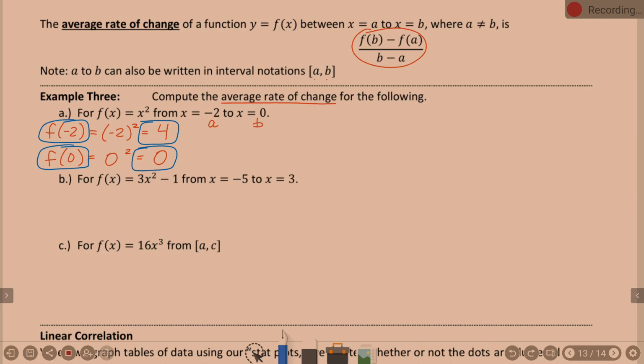Remember our formula, f of b minus f of a over b minus a. If we're doing f of b minus f of a, that means in this case we're doing f of 0 minus f of negative 2, over b minus a, so 0 minus negative 2.